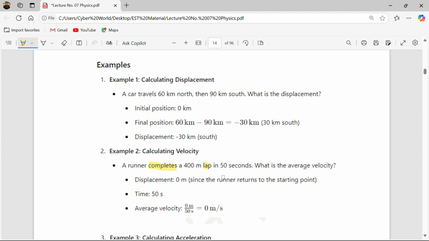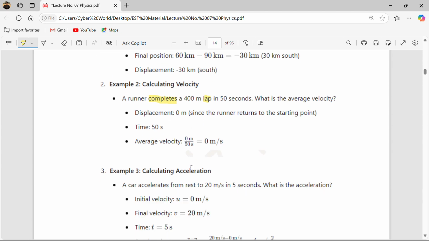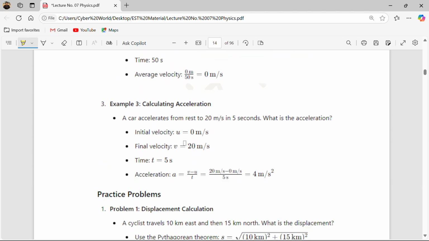It covers a 400 meter lap, but the displacement it covers is zero, because it comes back to the same point. That's why it is zero. If it does not come back to its original initial point, then your displacement is not zero. Keep remembering this crucial point.